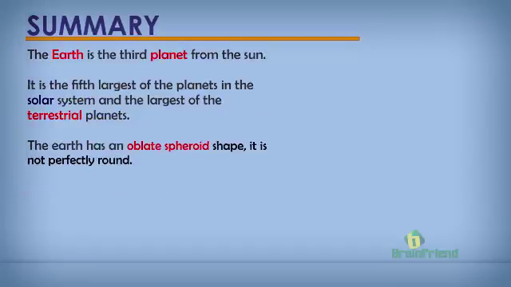We learned that the Earth is the 3rd planet from the Sun. We also learned that it's the 5th largest of the planets in the solar system and the largest of the terrestrial planets. We learned also that the Earth is not typically round, but it's an oblate spheroid shape.